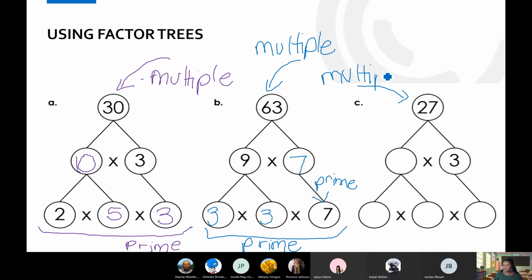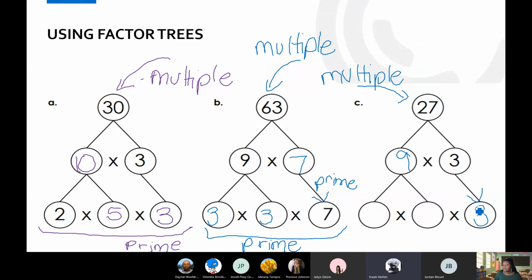So I want to make sure I label that as my multiple in my own notes. Isaiah, then I need to find out my first two factors here for 27. In other words, 3 times a number. 9. 27. Very good.